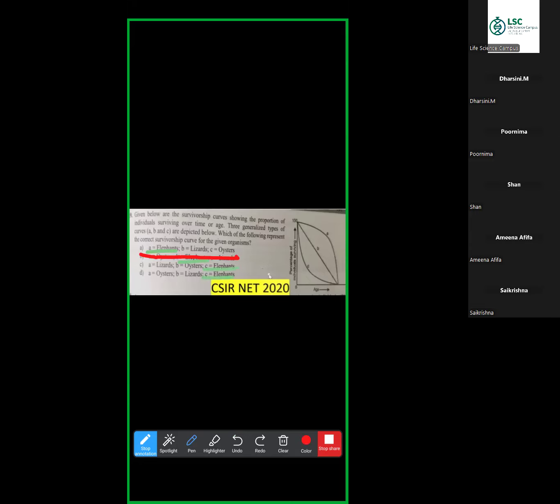So we know that elephants are large mammals, so they will exhibit type 1 survivorship curve only. That is A. So here A is equal to elephants, B is equal to lizards, that is type 2. Then C is equal to oysters. So it is the right answer.